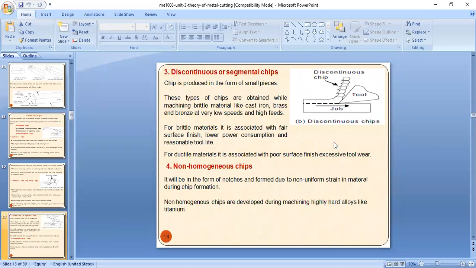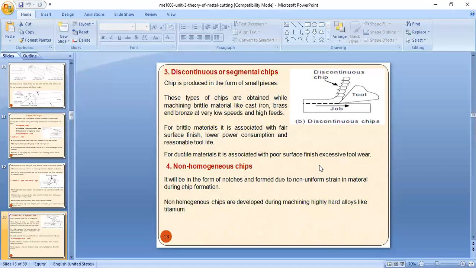Power consumption is low when compared to the built-up edge, and we have a reasonable tool life. For ductile materials, it is associated with poor surface finish, and successive tool wear will be there when compared with this one. Ductile materials. So, non-homogeneous chips.